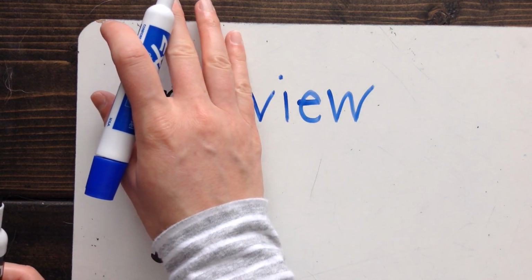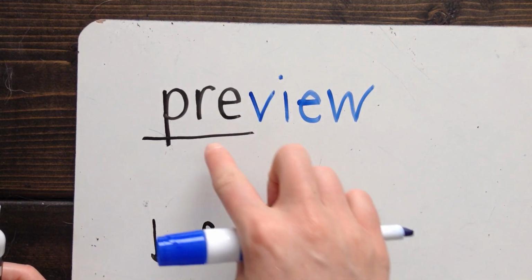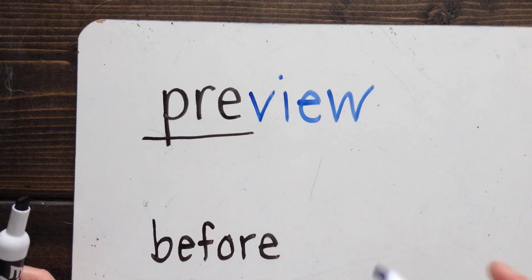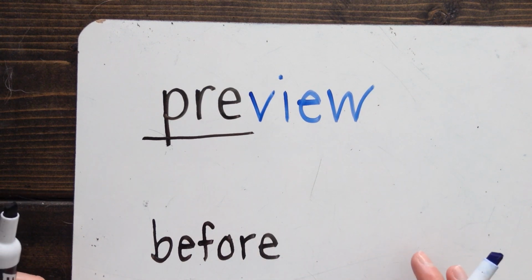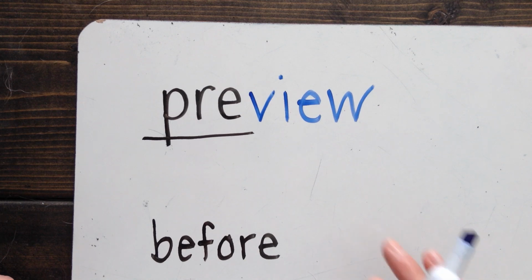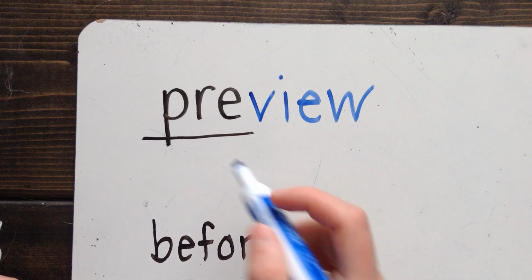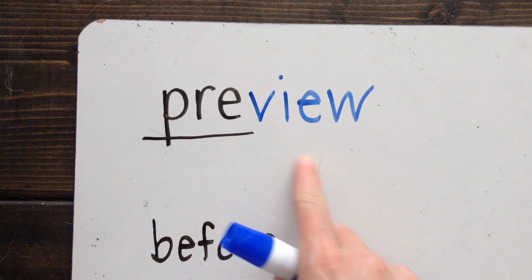View means to see, watch, or look. Pre means before. An example is, sometimes when you go to the movie theater, they will show you previews for other movies that are coming up around the corner. Preview is a little bit like a sneak peek. You're getting to look at it just a little bit before you watch the entire thing. Preview. Watch before.